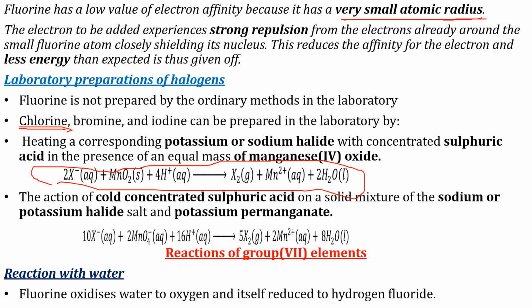As you are writing your notes, you are advised to write all the equations. However, since I was representing the summary and I didn't want this video to take long, I was giving a general equation. When you are taking your notes, you are supposed to separate, and here you will be required to give 3 equations, for chlorine, bromine, and iodine.